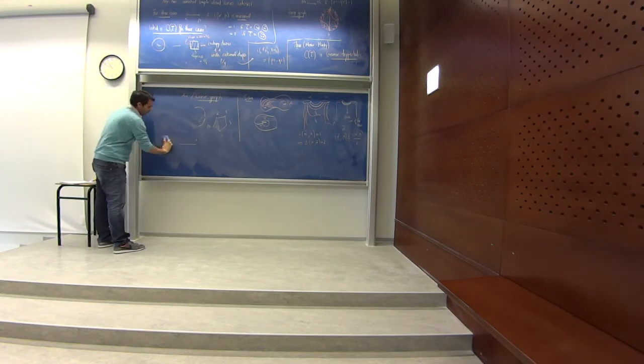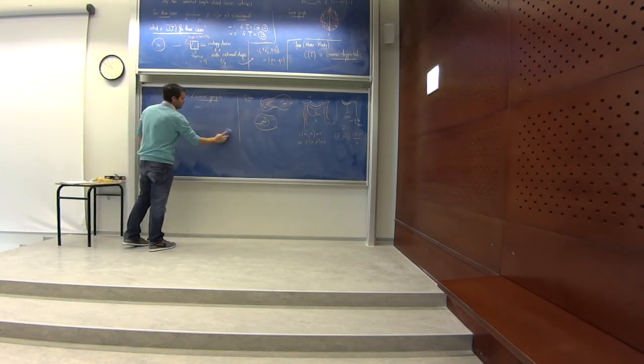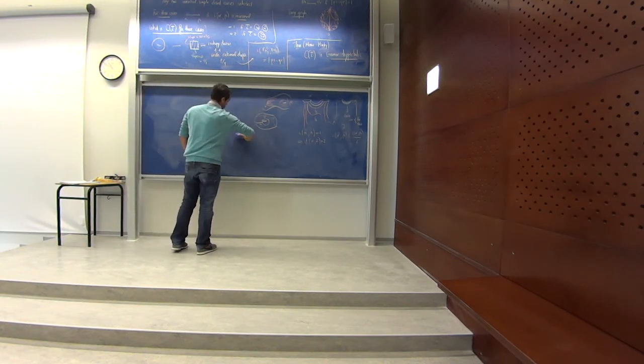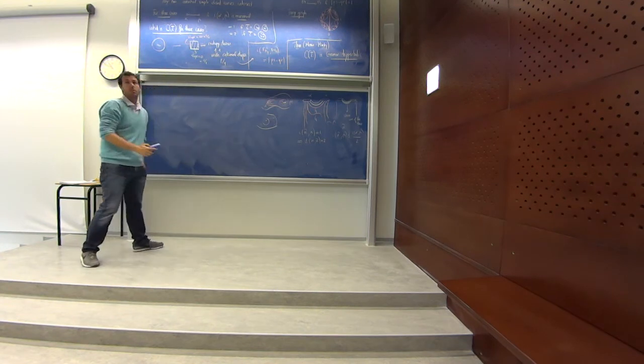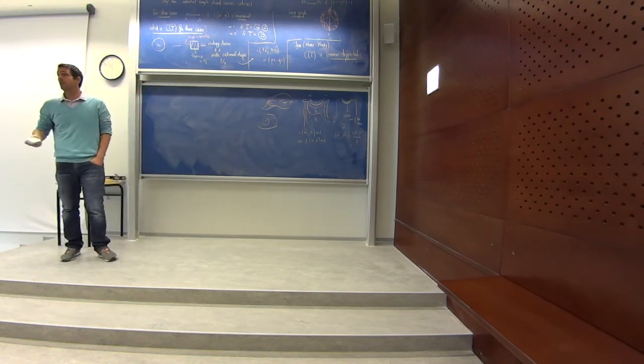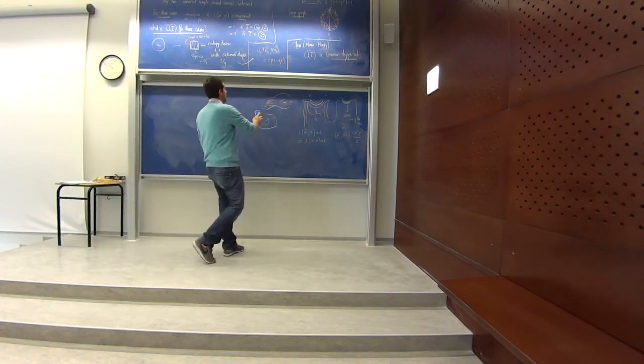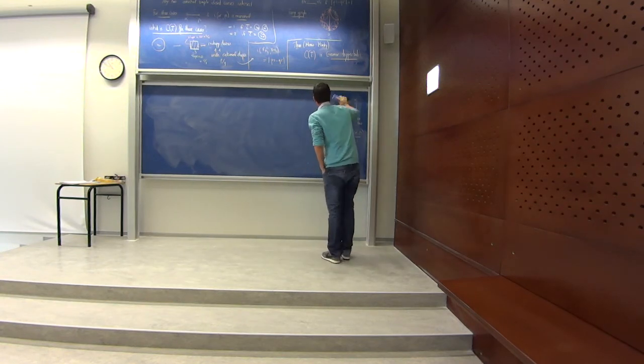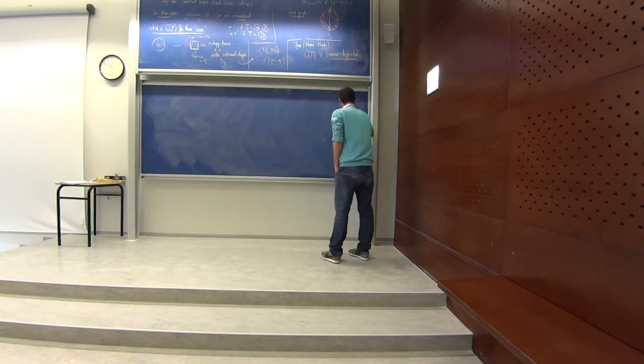So the goal, now that I've finished this introductory part, is to show how you can get from Teichmüller space to another simplicial complex that's related to this, and then to study this simplicial complex in more detail.